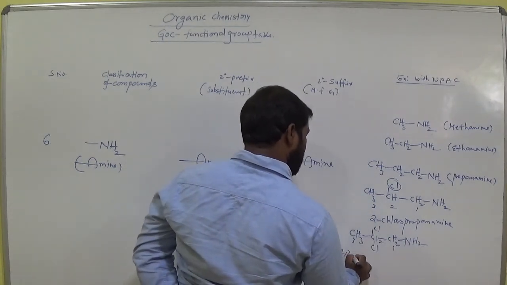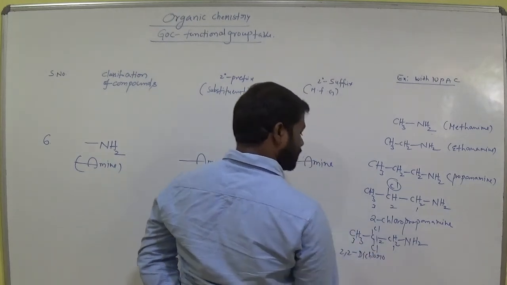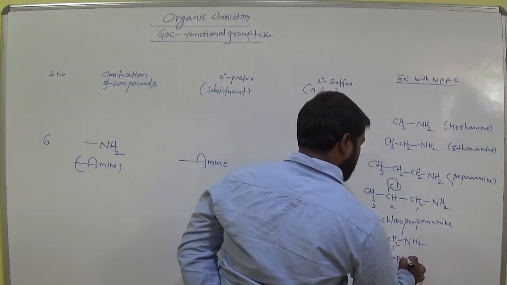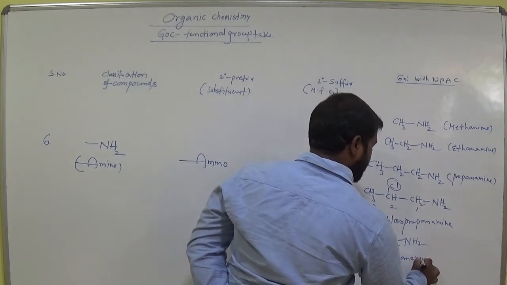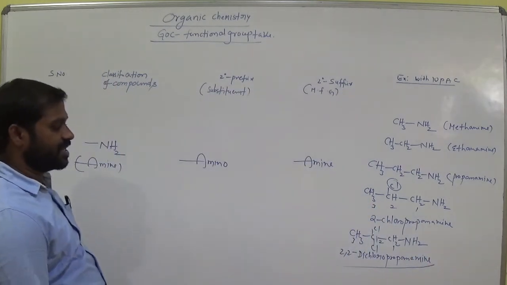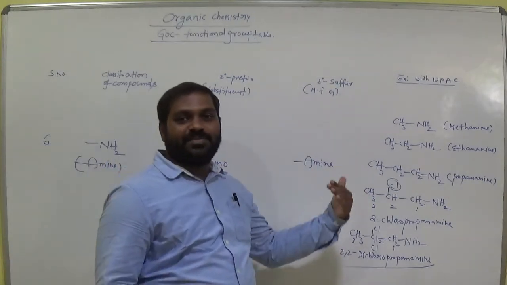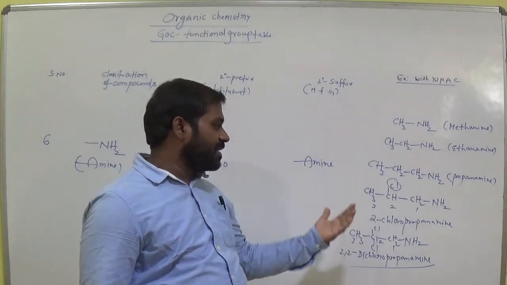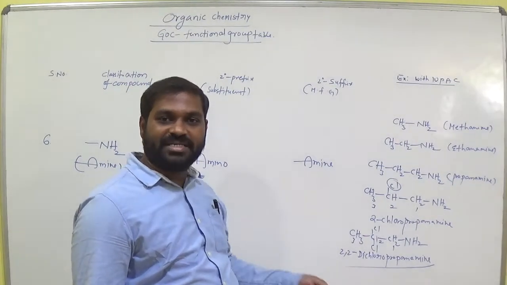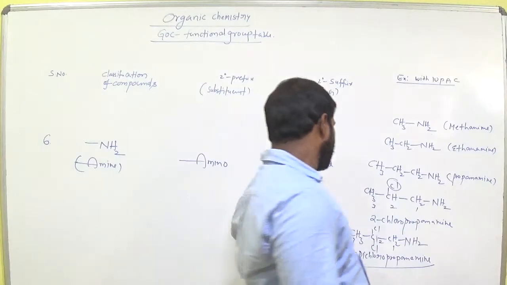So 2, 2 dichloro propanamine. Clear? Okay. So these are some examples for ethanamine, propanamine, butanamine, hexanamine, octanamine, nonanamine, decanamine. Clear? Amine. Clear?